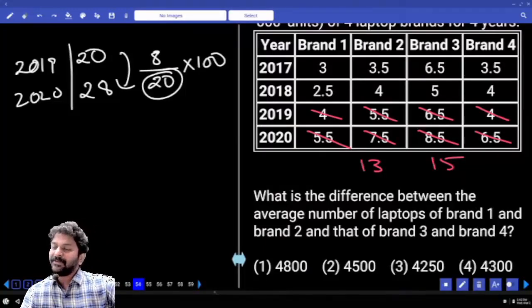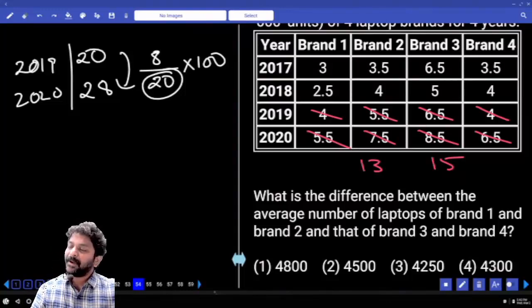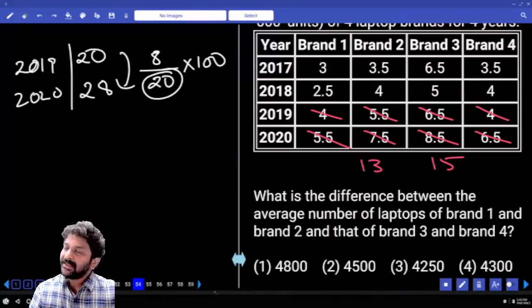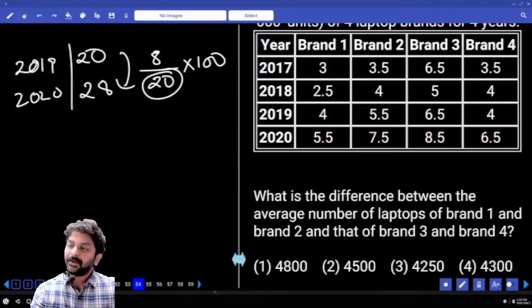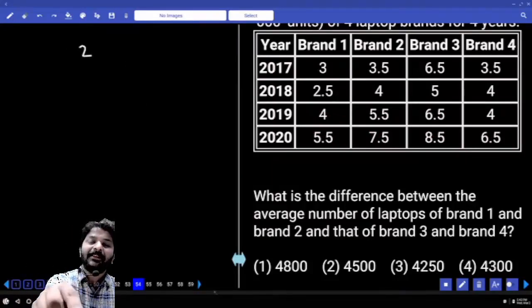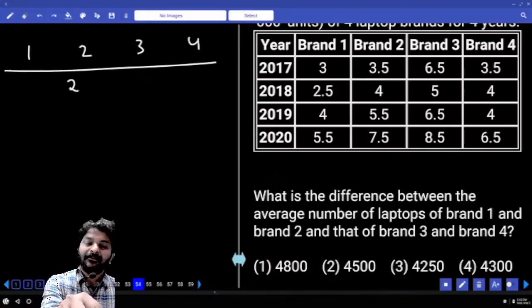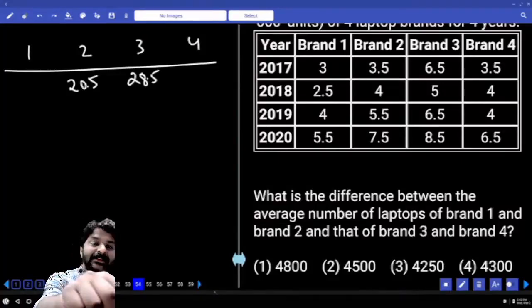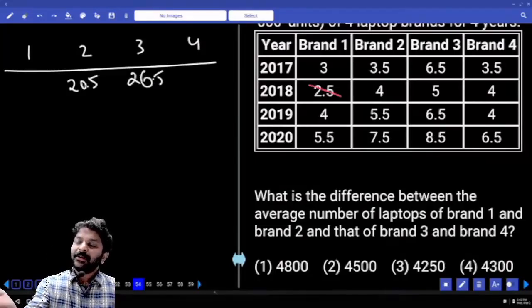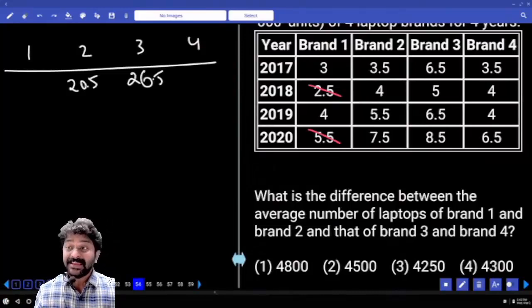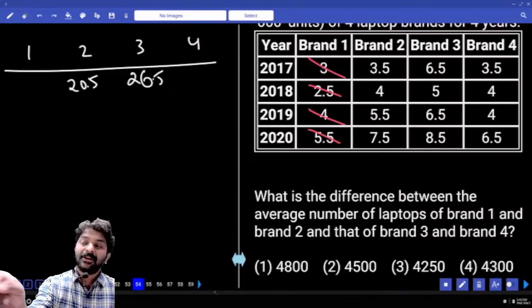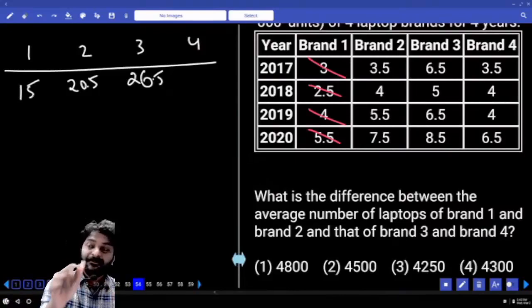What is the difference between the average number of laptops of brand 1, brand 2 and that of brand 3 and brand 4? Brand 2 and 3 we already calculated. Do you remember? So 2 was 20.5 and 3 was 26.5. 2.5, 5.5, 8. 8 plus 4, 12. 12 plus 3, 15.